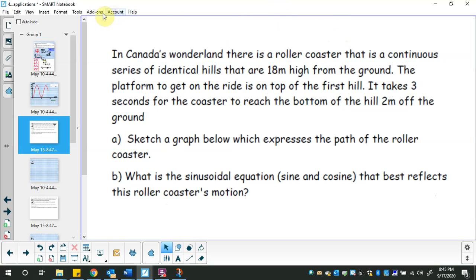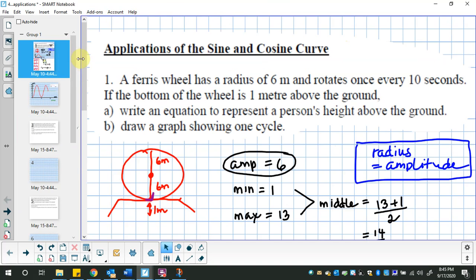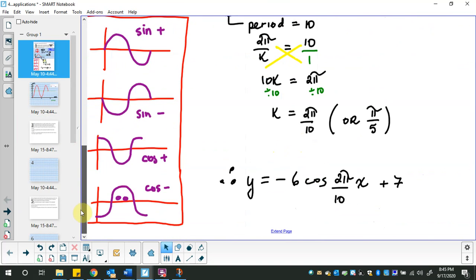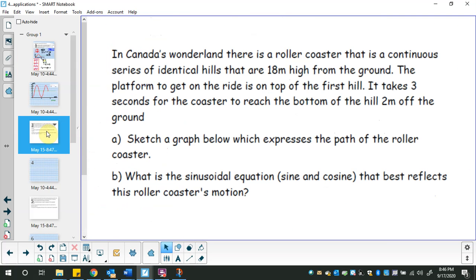Another thing I will probably have to do is continually refer back to my little cheat box. So here's another question, and as long as your word problems represent some sort of cyclical or periodic motion, you are allowed to use sine and cosine curves.